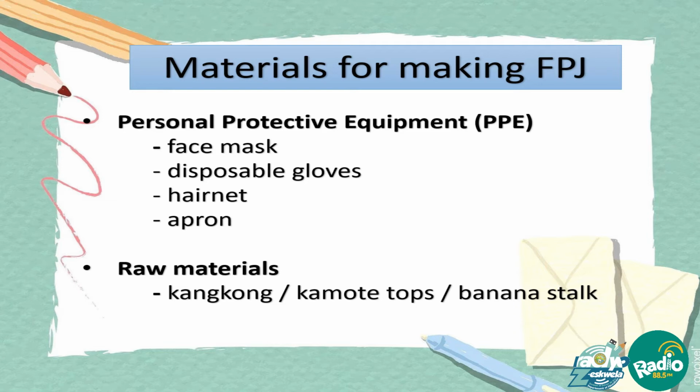In making FPJ, plant materials must be at least 3 kinds. And if the kangkong, kamote tops, and banana stalk are not available, you can use alugbati, malunggay, bamboo shoots, and other fast-growing plants. Another raw material is the molasses, which can be substituted with brown sugar and kinugay.